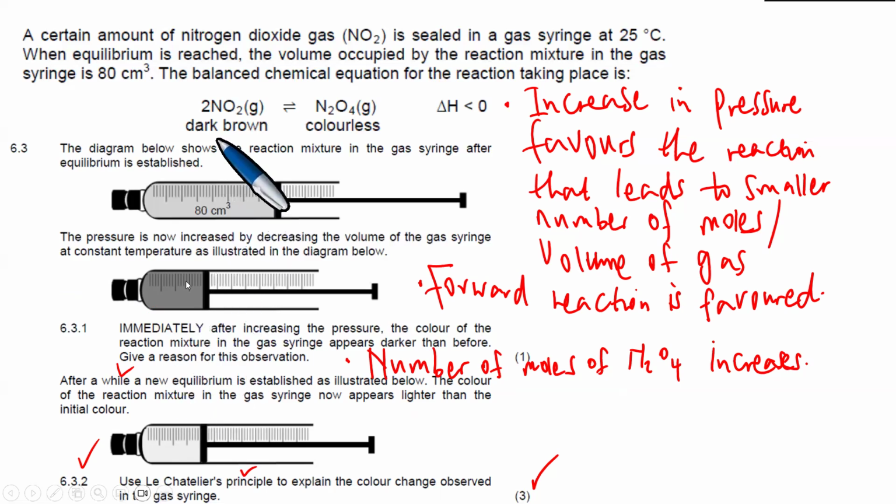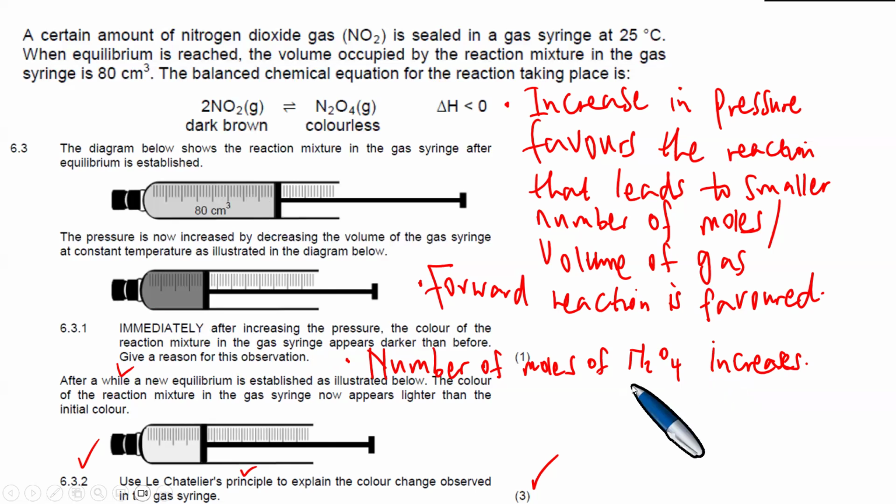What would a dark color mean? A dark color would mean that we have mostly the NO2 that is more visible. And a lighter color would mean there's a shift towards the colorless. Notice the word shift, because that is what Le Chatelier's principle is about.